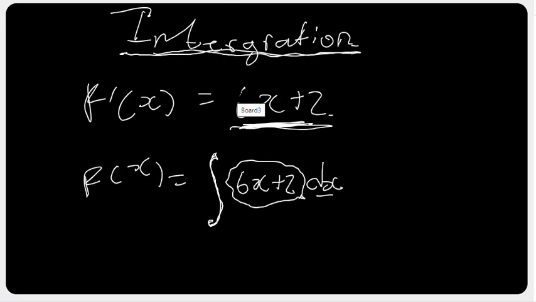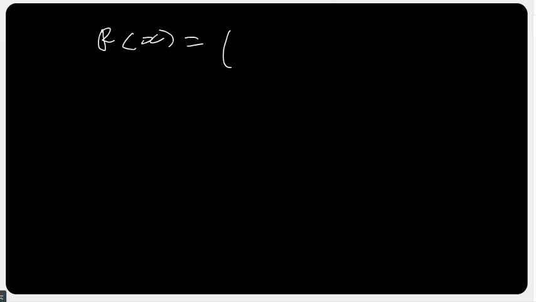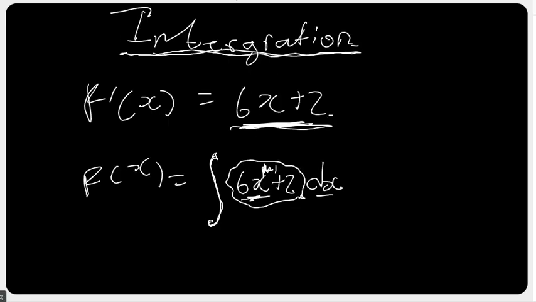Then here we are going to have f of x equals the integration of the first term, which is 6x. We have the exponent of 1 here, and I explained why we have an exponent of 1 if the variable doesn't appear to have any exponent. It has an exponent of 1, and then we are going to add 1 here. When we add 1 to this exponent, we get 2, because 1 plus 1 is 2.